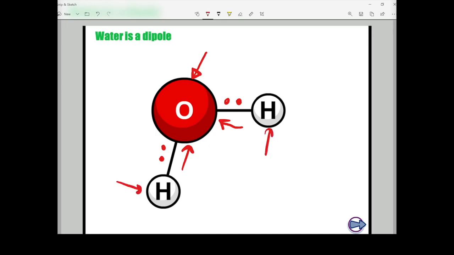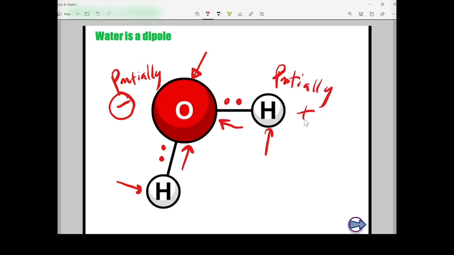And we describe this oxygen as being partially negative, while the hydrogens are partially positive. We have a symbol to represent this partial negative and positive charge. We use this small delta sign for partial negative or partial positive.